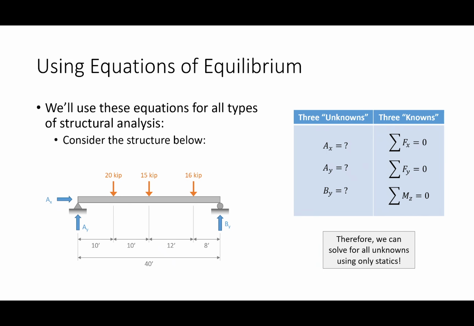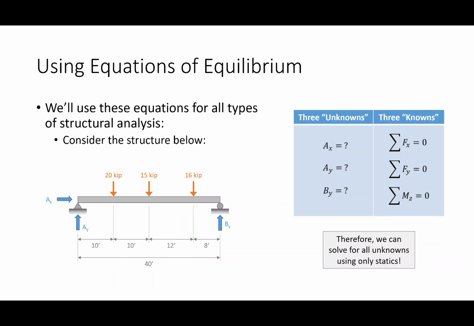Let's just look at a hyper basic problem. This is day 1 structural analysis. I have a beam. It has a pinned boundary condition and it has a roller boundary condition. The pinned boundary condition has 2 support reactions that are unknown. The roller has 1.